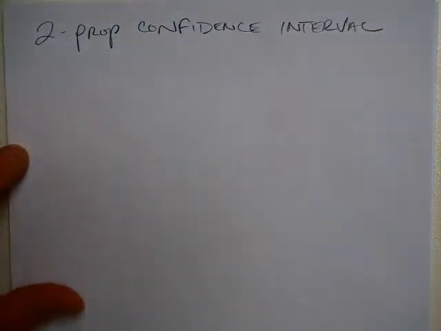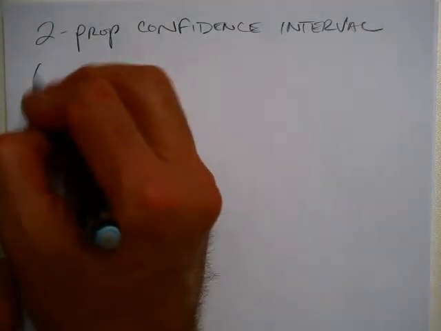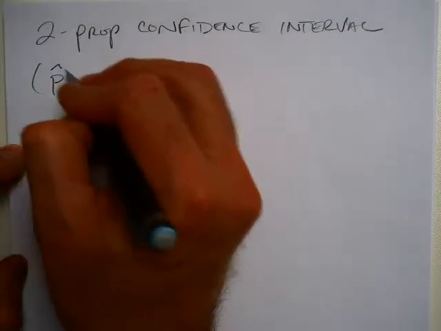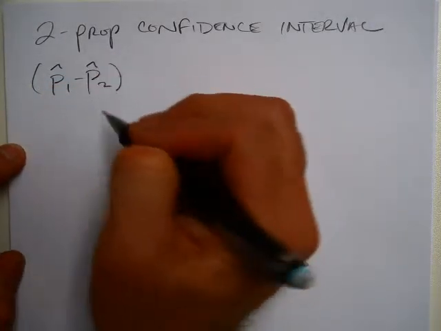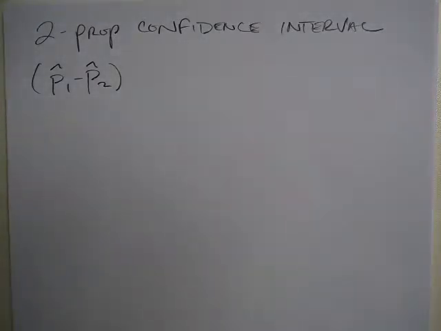The formula is p hat 1 minus p hat 2. Okay, this is just the part of it, but anybody have any thoughts as to why we would subtract those? Exactly. We want to know, is there a difference between those two?